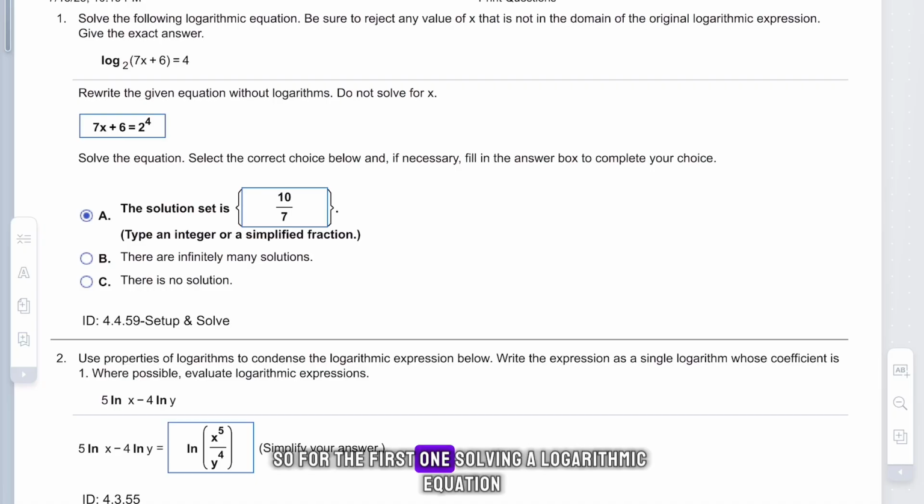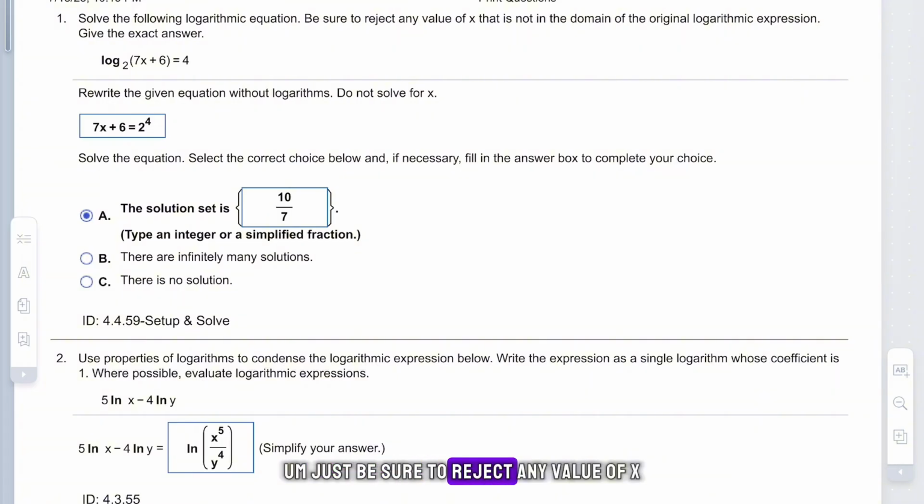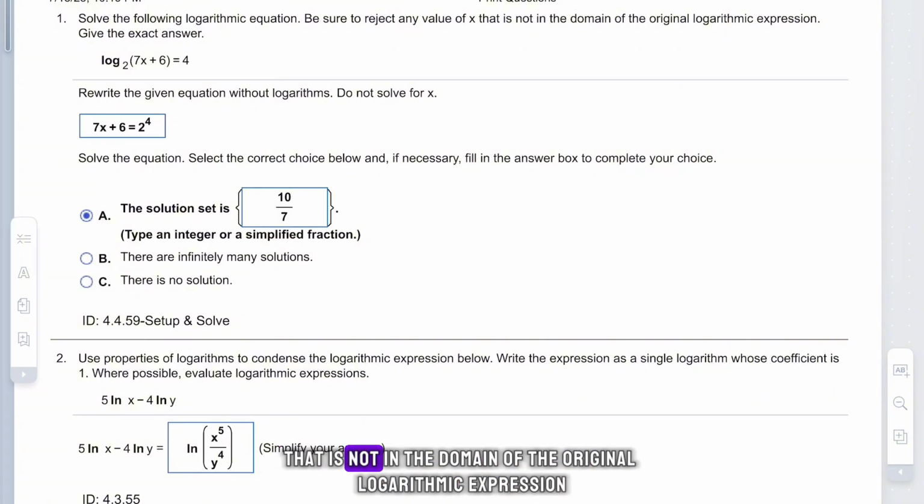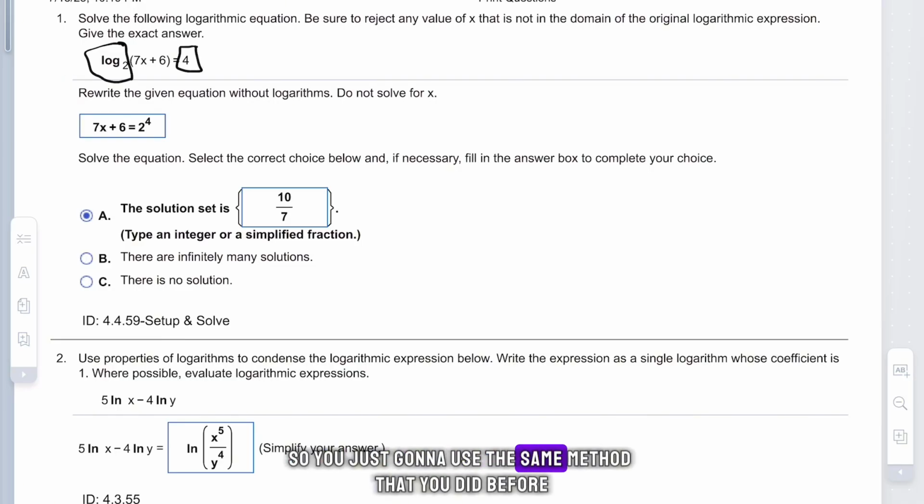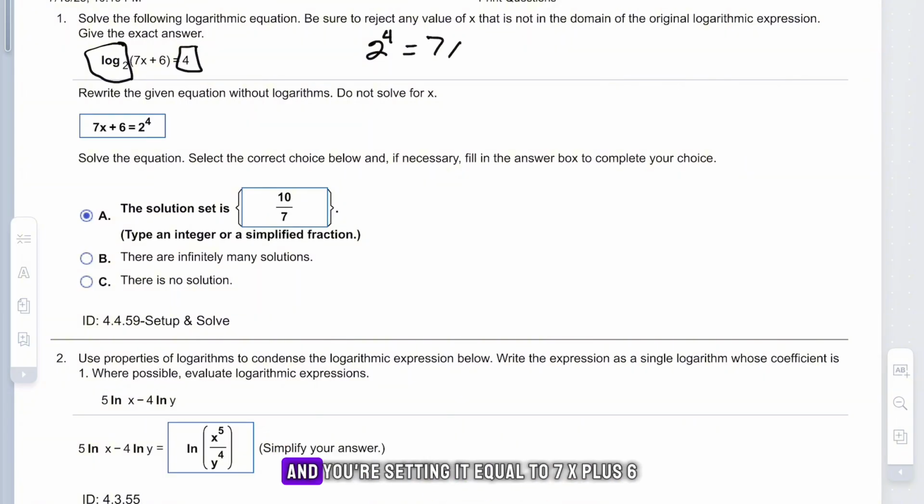So for the first one, solving a logarithmic equation. Just be sure to reject any value of x that is not in the domain of the original logarithmic expression. So you're just going to use the same method that you did before. You're taking 2, the base, to the 4th power, and you're setting it equal to 7x plus 6.